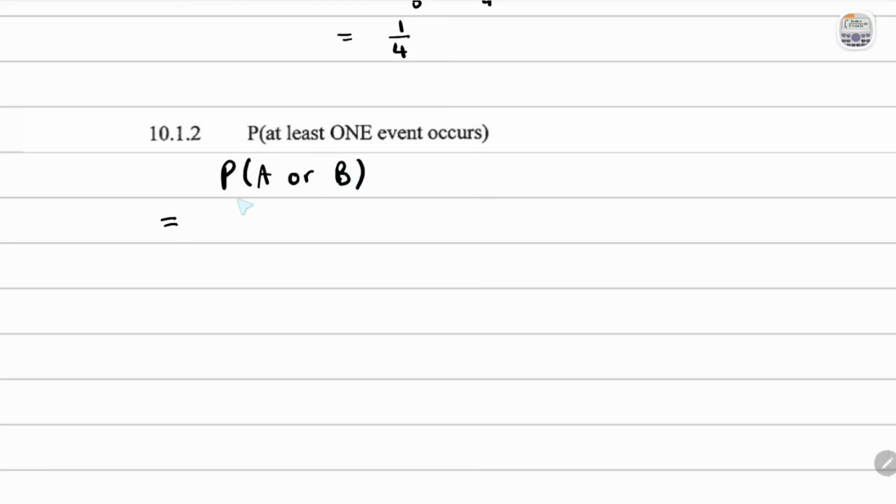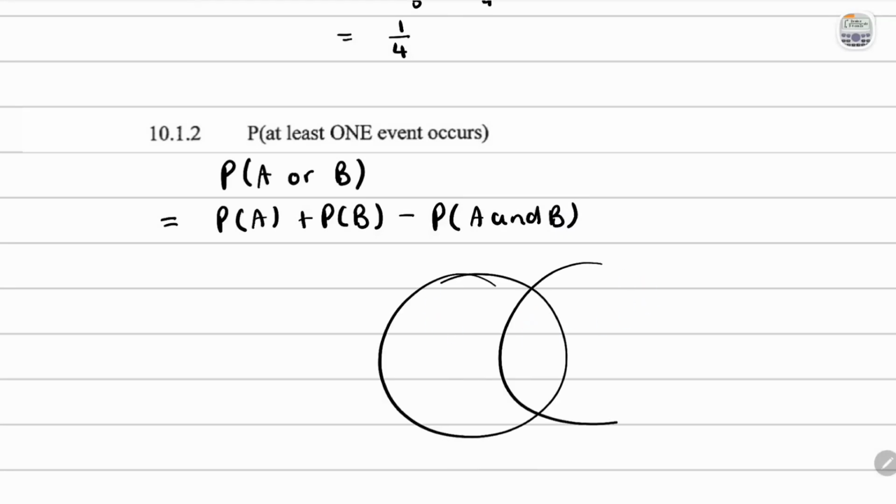Now, the calculation for the probability of A or B is the probability of A plus the probability of B minus the intersection. And the reason we subtract that intersection is because if we don't, it ends up being added twice. It has to do with the Venn diagram.